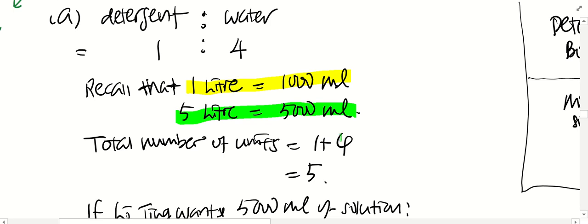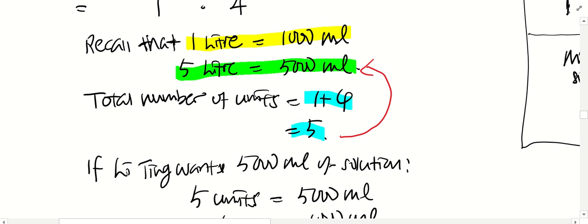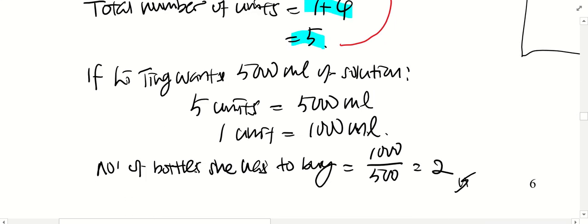Well, it's simply 1 plus 4 as we discussed just now: 1 part detergent, 4 parts water, 5 units. So if she wants to make 5 liters or 5,000 ml of solution, then these 5 units now represent 5,000 milliliters.